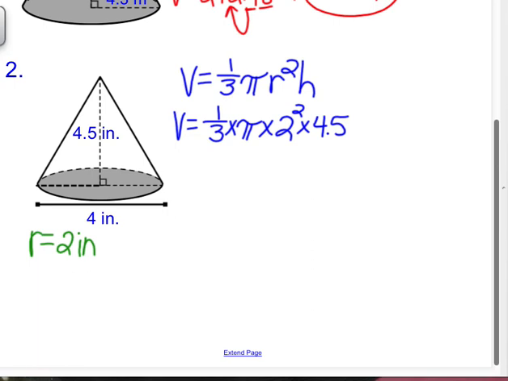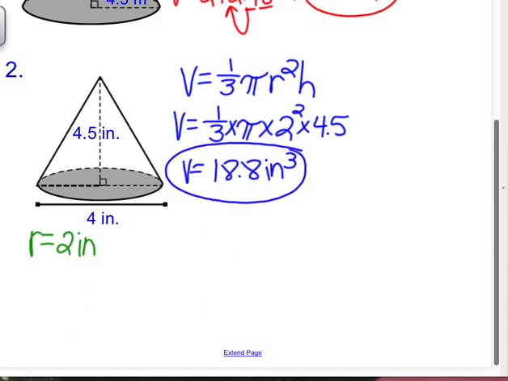So on my calculator, I enter 1/3 times the pi button times 2 to the 2nd power times 4.5. I do a little bit of rounding, and I end up with 18.8 inches cubed, or cubic inches, to the 3rd power. Right? Hopefully you are able to arrive at the same answer on your calculator.